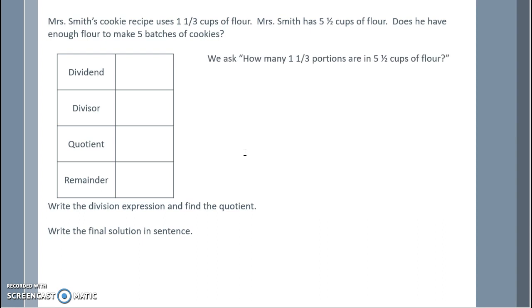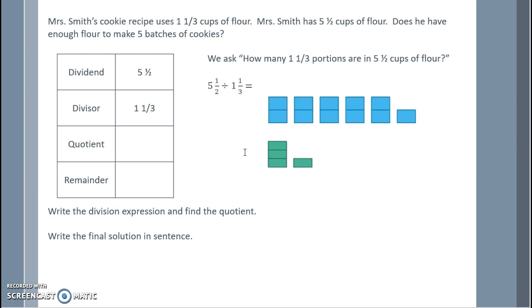Well, we ask ourselves how many 1 1/3 portions are in 5 1/2 cups of flour. So the dividend is 5 1/2 and the divisor is 1 1/3. 5 1/2 divided by 1 1/3 is listed below.